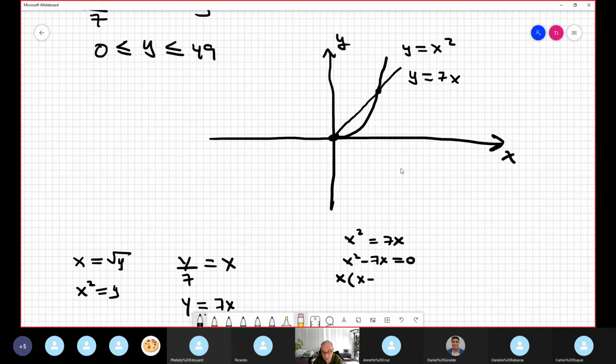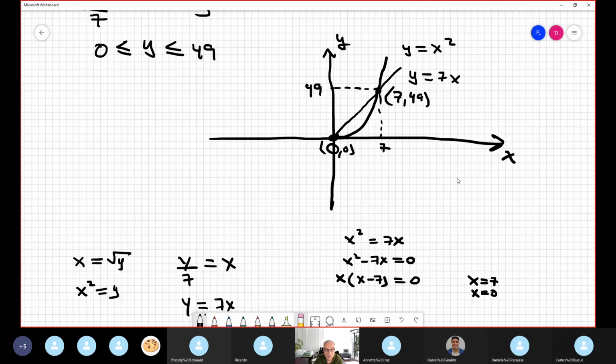Factorization, x times x minus 7. It's obvious that the solution is x equals 7 and x equals 0. This point is 0 and this point is 7. And on the x-axis and the y-axis, this is 0,0 and this is 49, because 7 times 7 is 49. This point is the point 7,49.